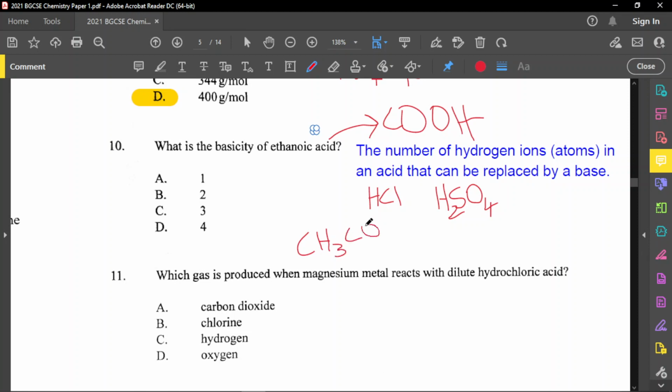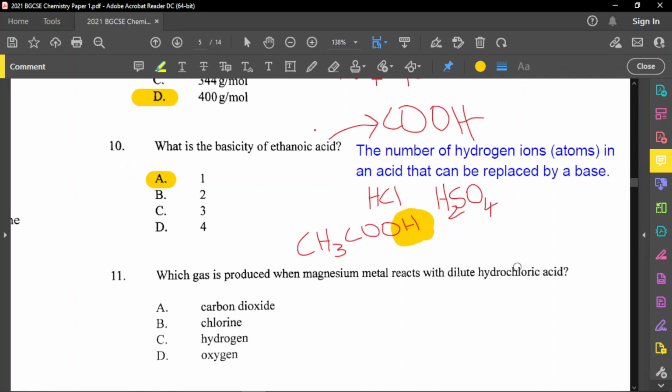And remember, the COOH part is what gives you the acidic property, because that's the functional group of an acid. So we only have one single hydrogen ion. Only this one alone will be dissipated within the solution or replaced in that reaction. So ethanoic acid only has 1. So number 10 is 1.